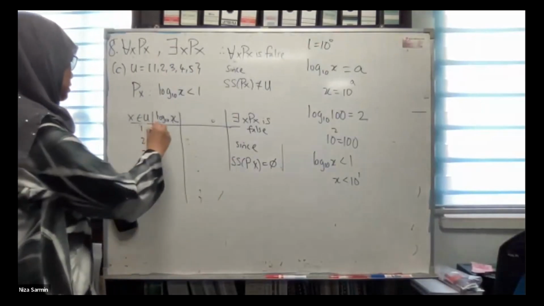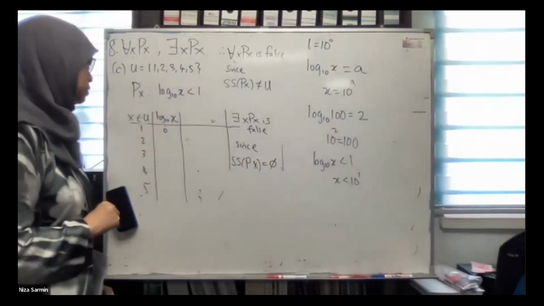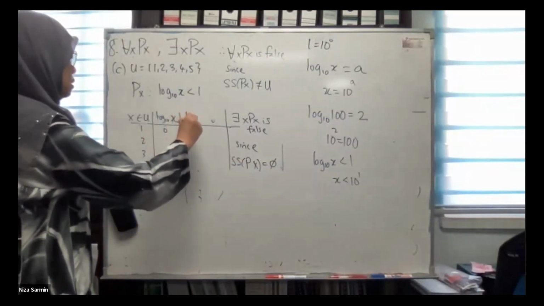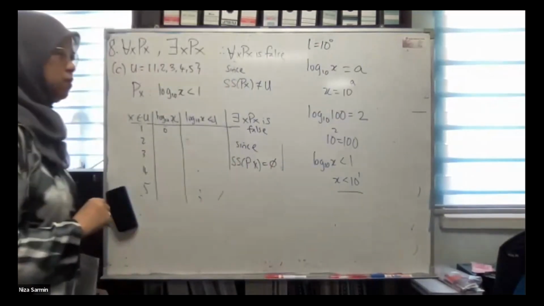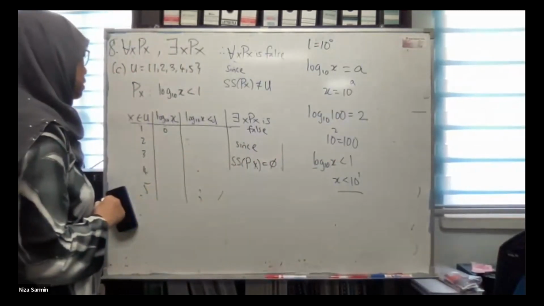So log base 10 of 1 is actually 0, right? Until this is all less than 1. Because if x is less than 10, I know log is less than 1.